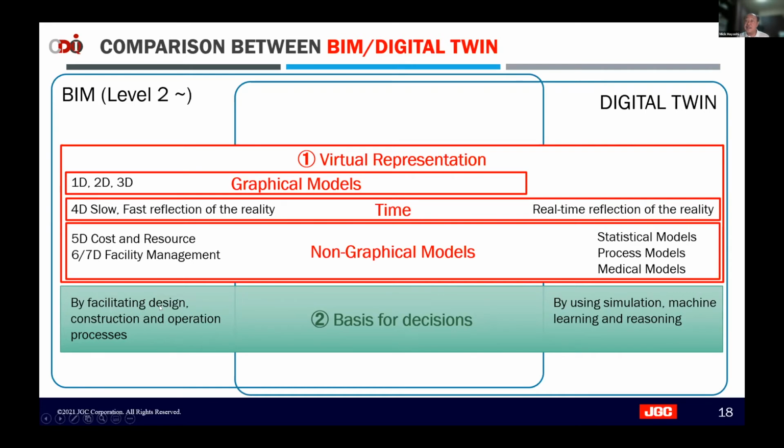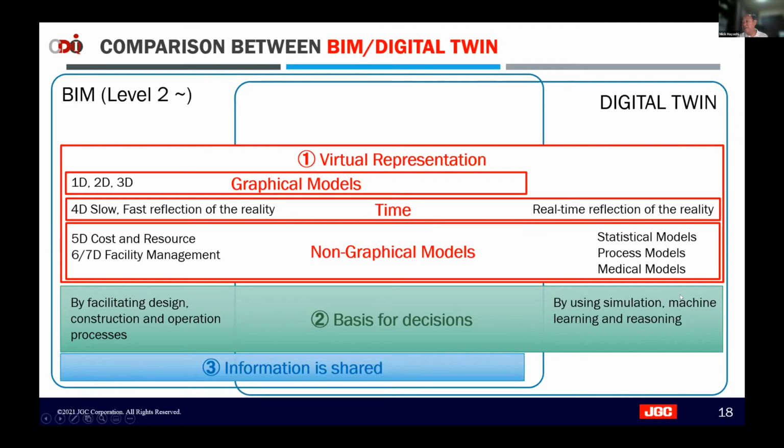By facilitating design, construction, operation processes. Digital twin supports decision making by using simulation, machine learning, and giving reasons for the decision making. For example, if we conduct what-if analysis and simulations, the management will know which case may yield the best result so that they can make decisions based on that information.